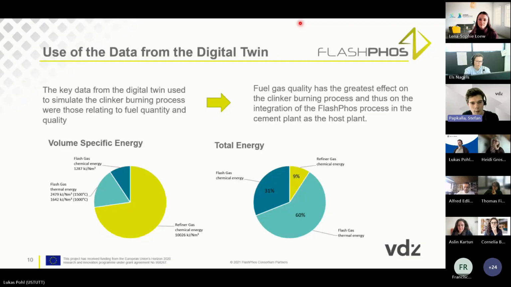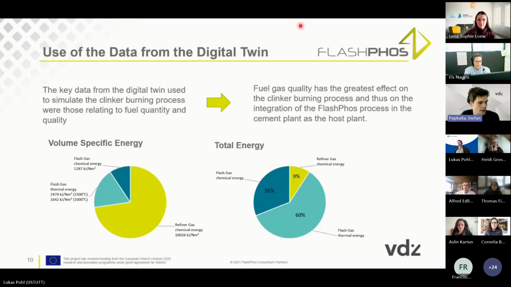And what we pointed out here was that the fuel gas quantity and quality of the pyrolysis gases coming from the FlashPhos process are the main effects when we evaluate the impact of integrating the FlashPhos process into a cement plant. So it affects our clinker burning process significantly.